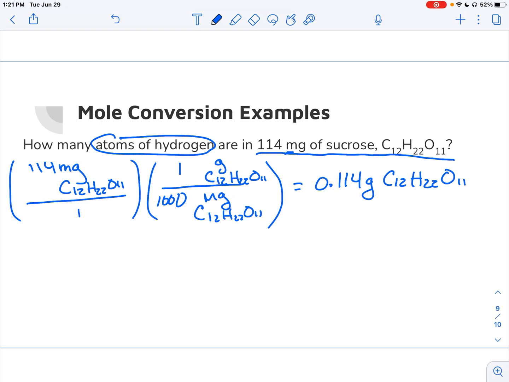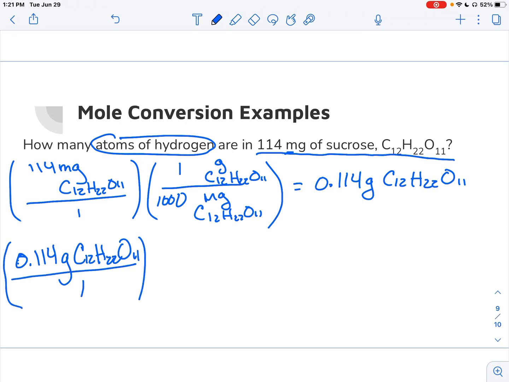So for this one, you're going to start with your new grams as you're given. And then we're going to do the same thing that we did for the question right before this one. So I'm not really going to spend too much time on that because we just did it. So we're going to drop down the units.